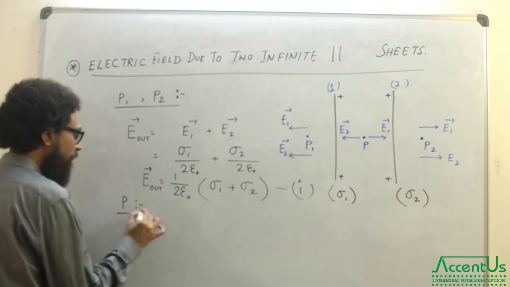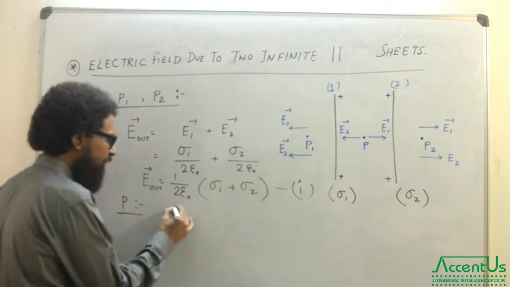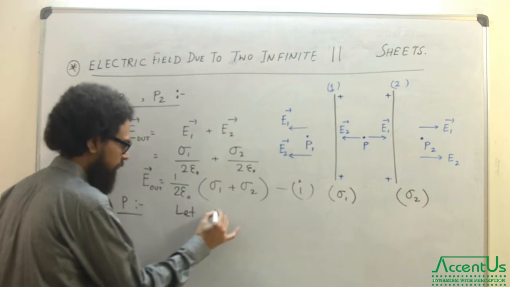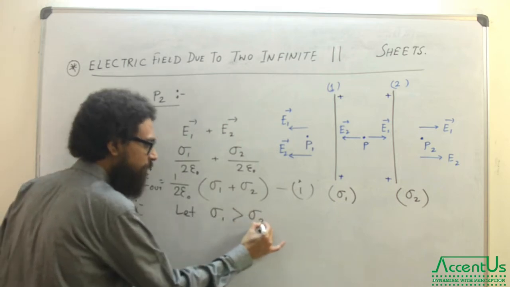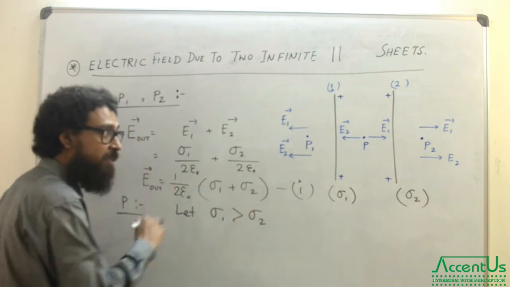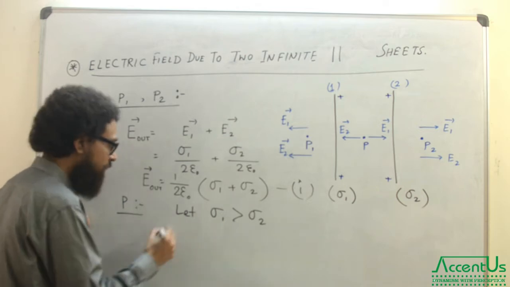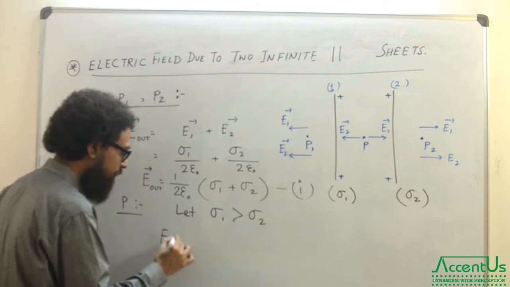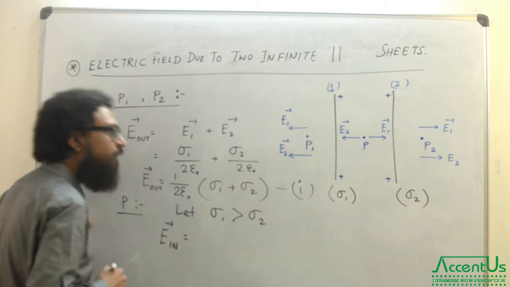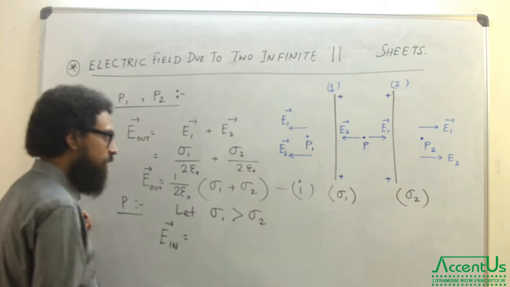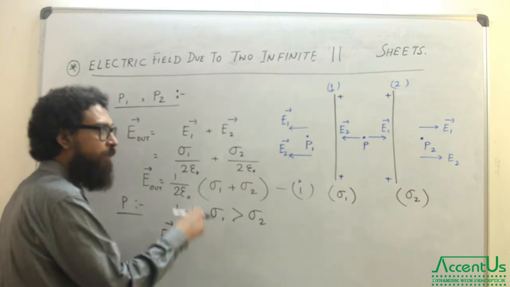For point P3, let's assume that sigma 1 is greater than sigma 2. The fields are opposite, anti-parallel vectors. So what is the net field inside? Can you tell me? The directions are opposite. So if sigma 1 is greater, E1 is greater.